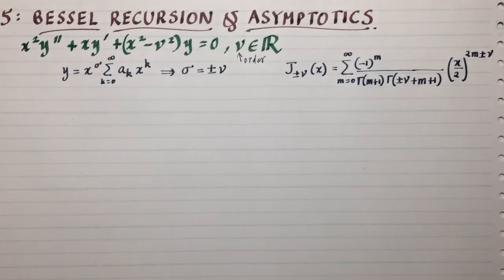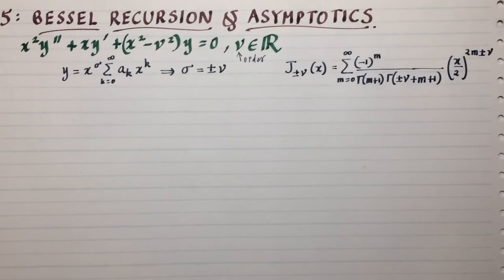So it's a pretty complicated expression, but it's there, and there are plots and tables all over the place. These are called Bessel functions of the first kind.